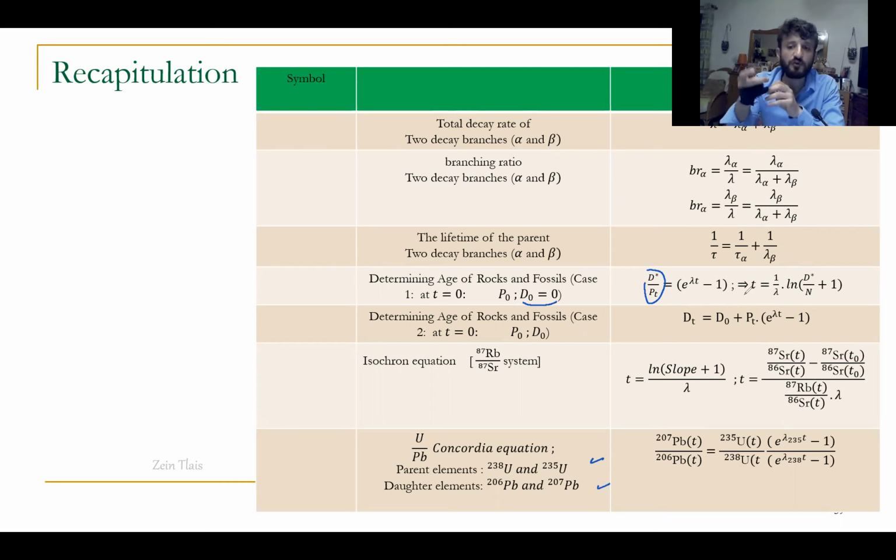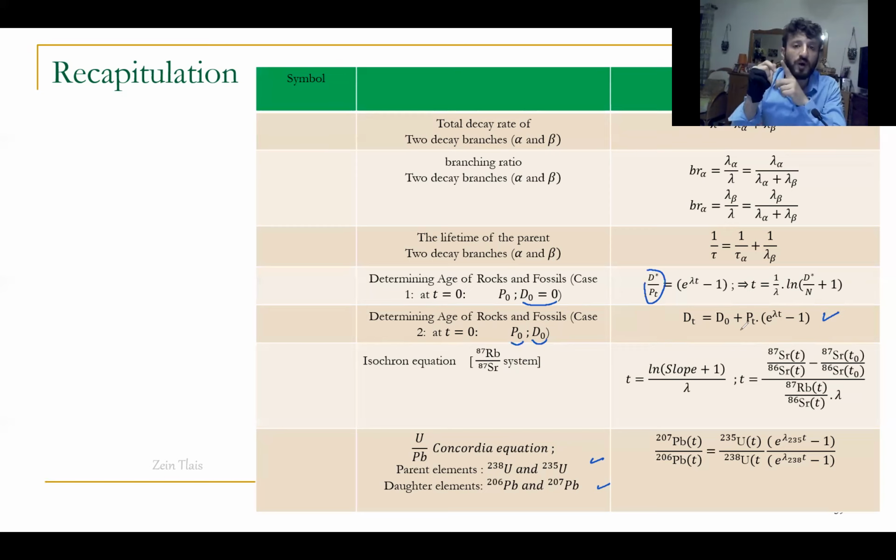But I advise you to find this expression. Don't write it directly. Write the equation, the decay law, and calculate them. You have to prove this expression. In the second case, where at T0 we have D0 and P0, here you have to write the isochrone equation. You have two cases.